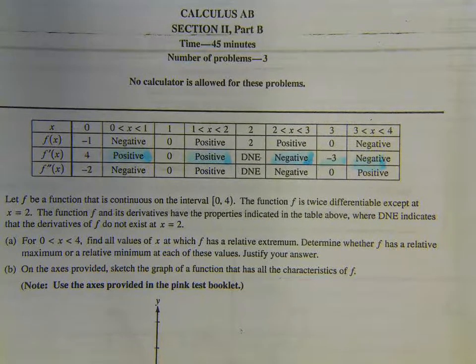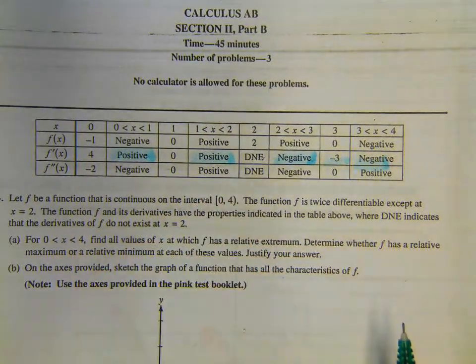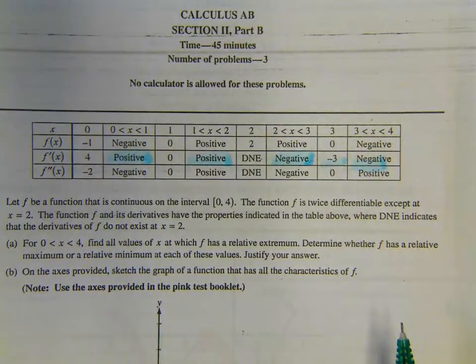At x equals 2, the derivative switches from positive to negative. So this is a what? Max. Okay.